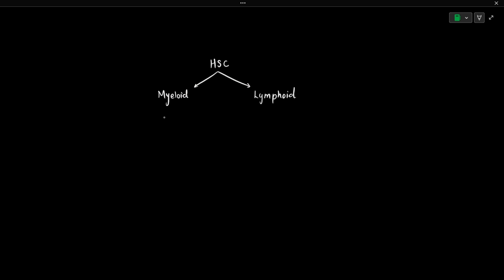The myeloid progenitor cells can give rise to RBCs, and to the granulocytes such as neutrophil, basophil, eosinophil, as well as monocyte, which can be further developed into macrophages or dendritic cells.